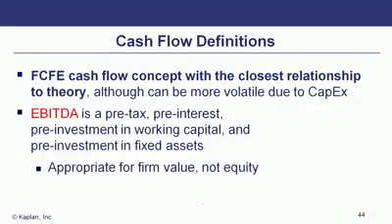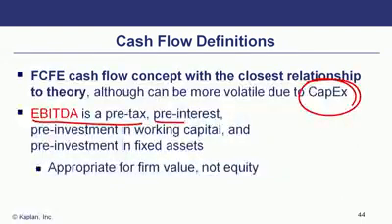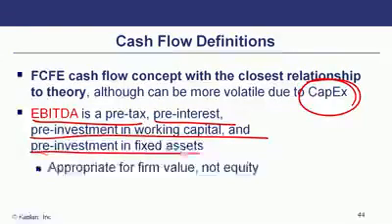However, the downside is the volatility of the capital expenditure. If the company is growing and buying an extreme amount of fixed assets, this potentially creates negative free cash flow to equity. Now, EBITDA is pre-tax, pre-interest, pre-investment in working capital, and pre-investment in fixed assets.